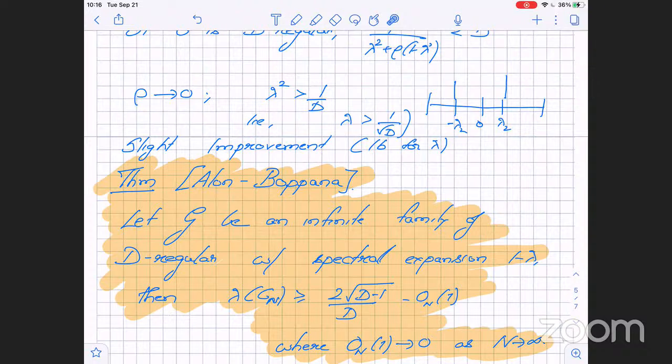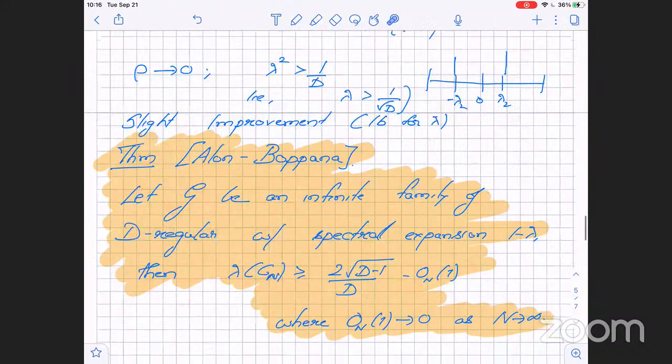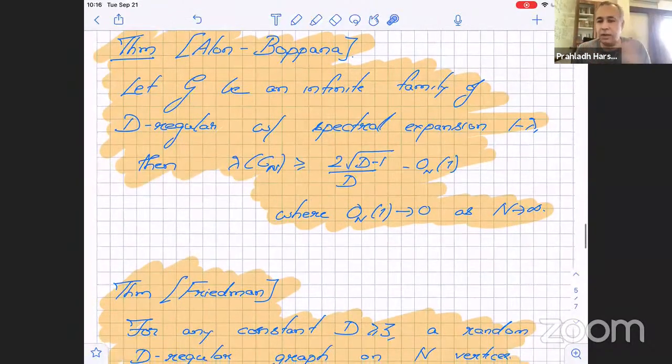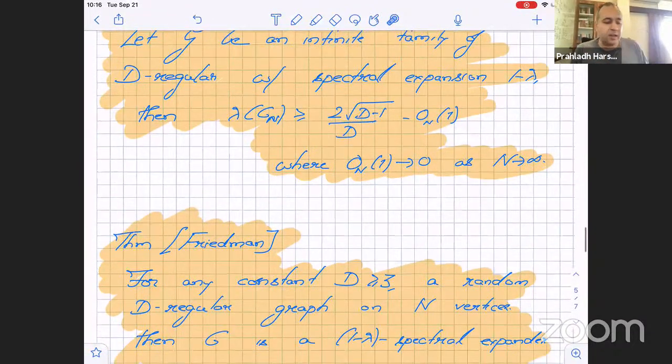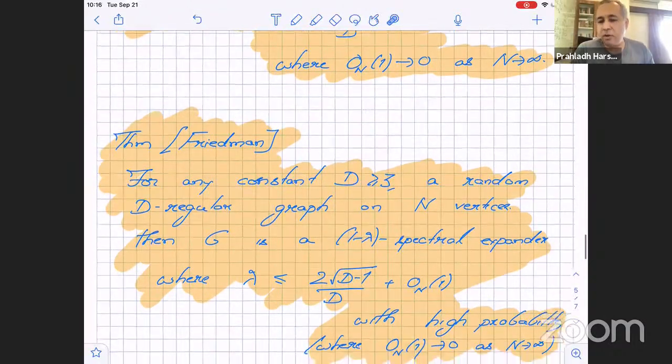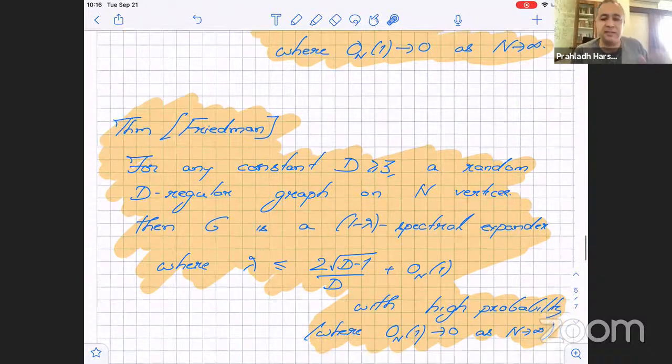Can you compare this result to the theorem right after this, which was a high probability statement? This theorem states that any infinite family has this property. The next theorem says, let's pick the infinite family in the following way. Let D be some constant greater than 3, and for every n let's pick a random D-regular graph, and look at this infinite family. It says this infinite family with high probability has this property.